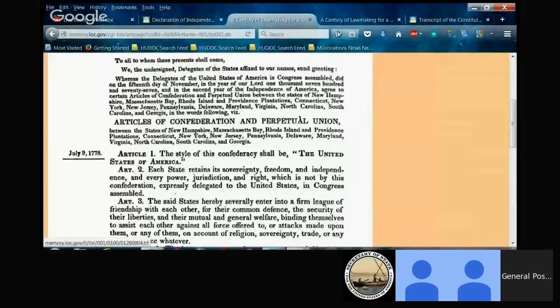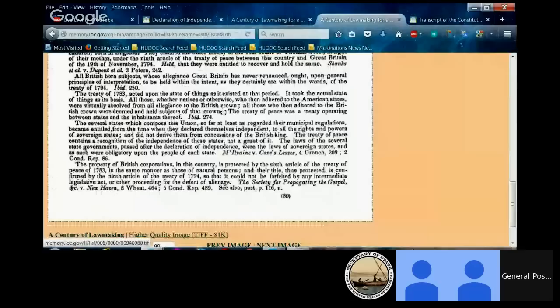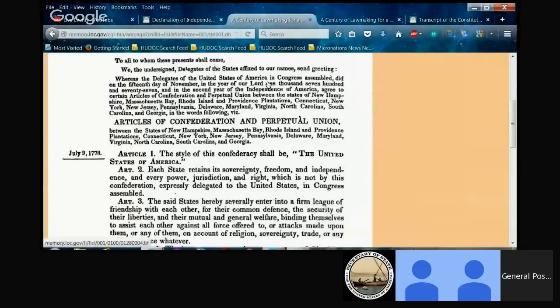Okay, so you've got the original states. Here it is right here. The original states. They weren't granted independence. They were accepted under this entity here. But yet it was this entity here that was doing it.